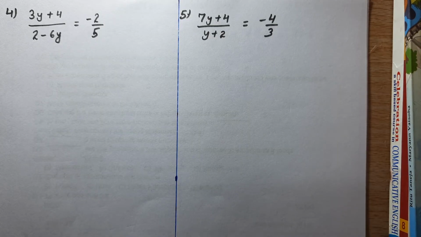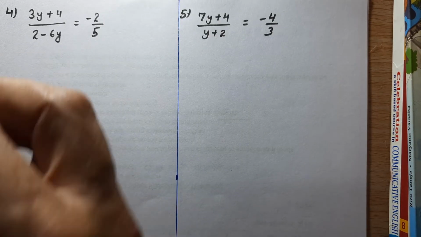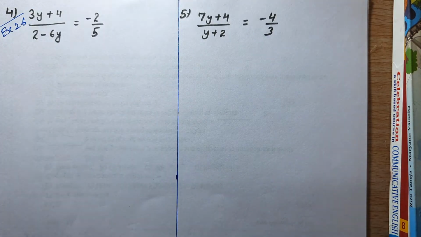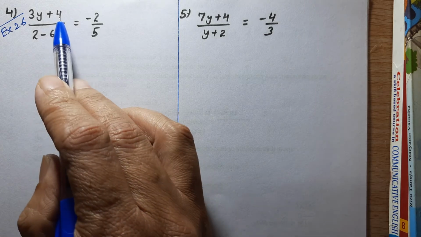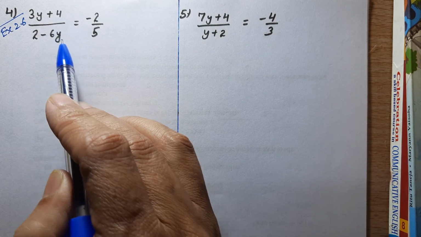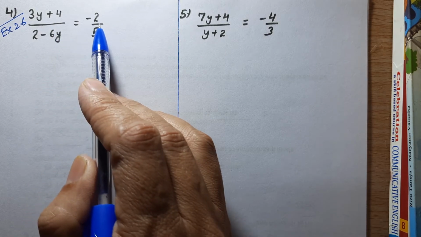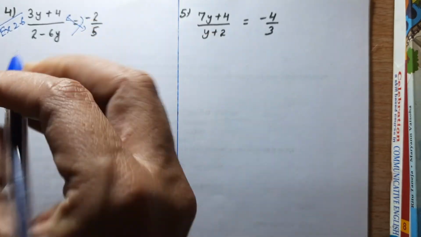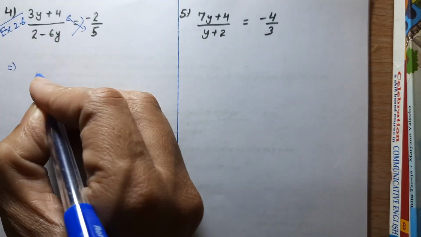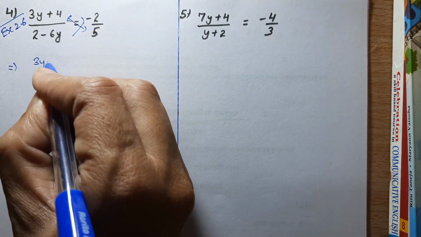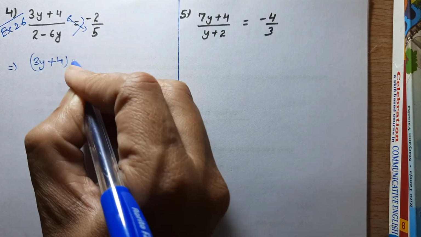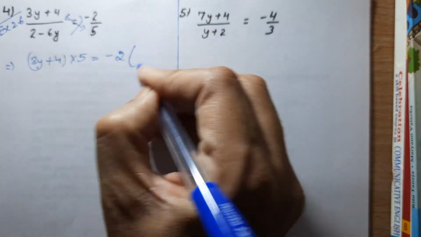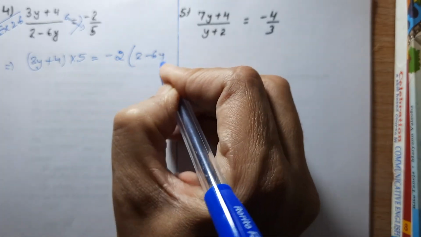Okay, now we are solving question number 4 of the same exercise 2.6. Here numerator over denominator has variables, and here is the constant term. What will we do? Again the method of cross multiplication. Just see, (3y plus 4) bracket closed into 5 is equal to minus 2 into bracket start 2 minus 6y.